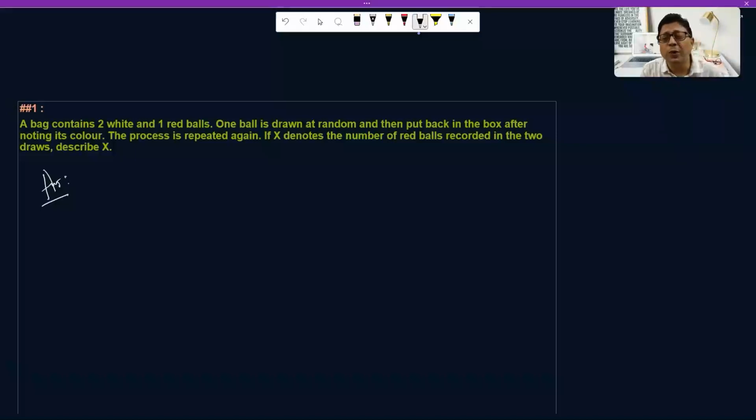And those 2 white balls in the urn, first we name as white 1, white 2. And the red ball we are taking as red 1. So what are the outcomes over there? The way they come, it matters. First one white, second one white.